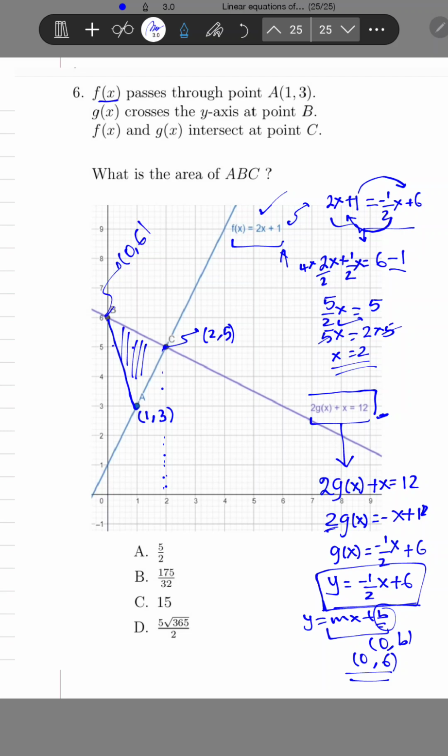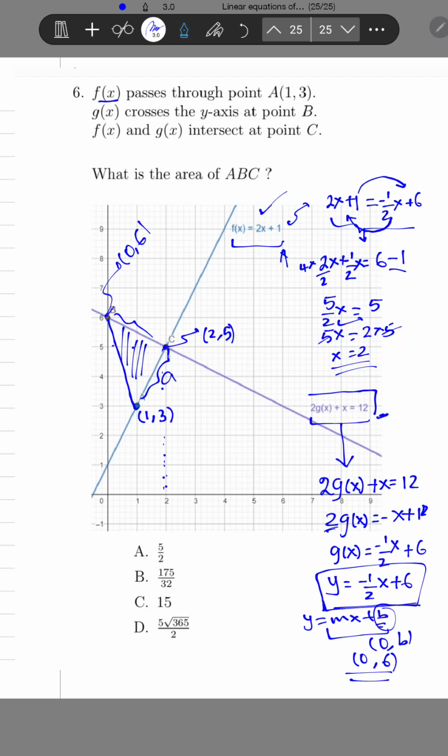Okay. Now we have the 3 points of this triangle. The next thing is we need to use a distance formula to find the distance between this one and this one. This is a much simpler method than anything else. Let me find out the distance A here first.